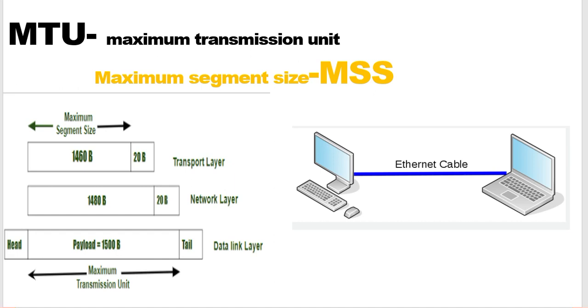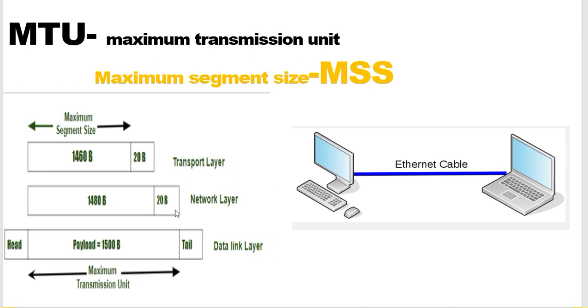So the total on the wire can be 1518 bytes, including the Ethernet headers. The Ethernet header is around 18 or sometimes 20 bytes, but the remaining real payload can be 1500 bytes. When this goes to the next layer, the network layer, every layer adds its header information.